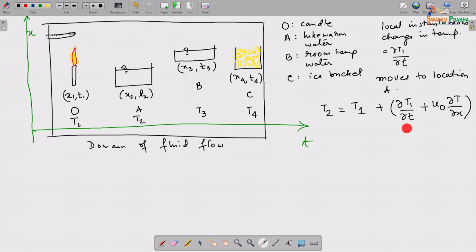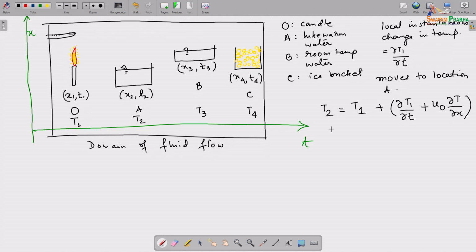And then I moved to another location, which is A, due to which I had a change in temperature, which is due to the movement in x direction in space. So, therefore, del T del x, and this was happening at a speed which is u naught. What is u naught? U naught is essentially the speed at which heat is transferring. It is the velocity of heat flow. So, that is important to write, isn't it?